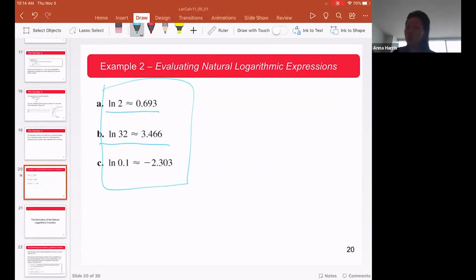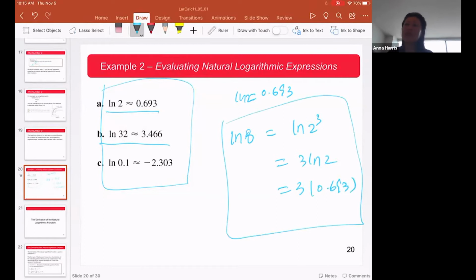But on your homework problem, I'm going to say the natural log of 2 is equal to 0.693. And then they're going to ask you what is the natural log of 8. Then you say, okay, that means the natural log of 2 to the 3, which is the same as 3 times the natural log of 2, so it'll be 3 times 0.693. Your homework problem may have this kind of problem. We want to make sure that you understand how to expand a natural log or logarithm.